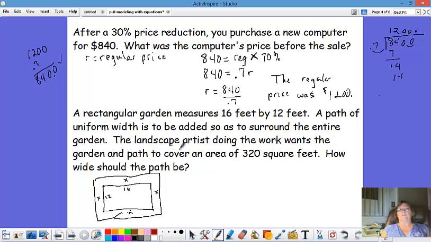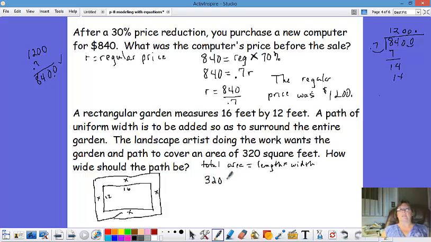Do you remember the formula for the area of a rectangle? Length times width. So that total area has to be equal to the length of this garden and the path times its width. And I think that we can write expressions for length and width based on the measurements that we have. We know the total area to be 320.